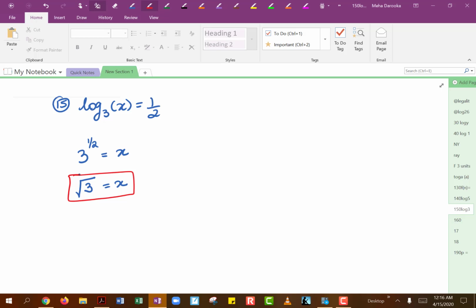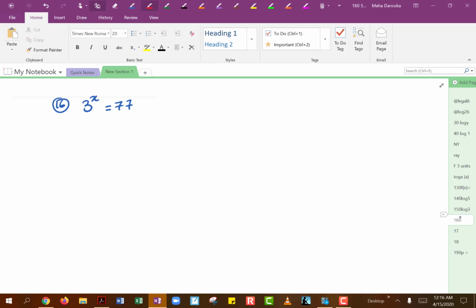So for number 16, we are given 3 to the power of x equals 77, and they're asking us to find the value of x. So again, just to show you how the conversion works, we are given this in exponential notation, so we're going to put it in logarithmic form.